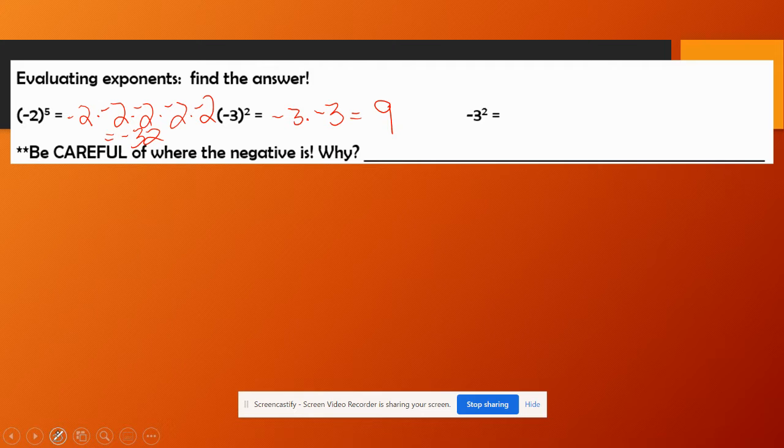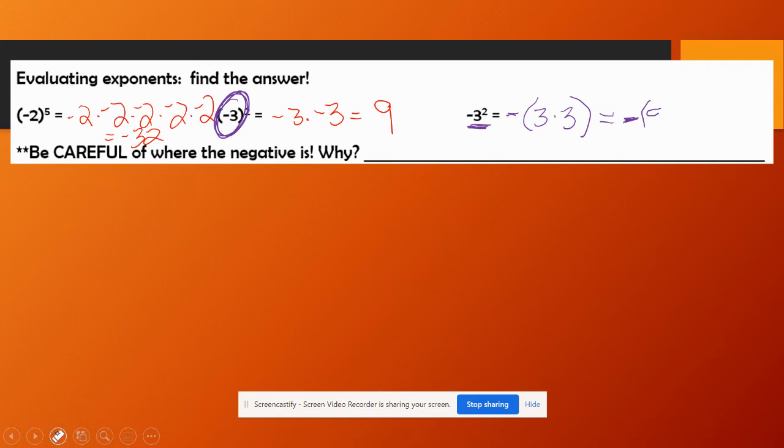I want to be careful of the difference between these two examples because in this middle example we just did, the negative 3 is in a parenthesis, versus this last example, the negative is not in the parenthesis with the 3, which basically means we have the negative and then we have that 3 twice. 3 times 3 is 9, and then the negative on the outside makes that a negative 9.